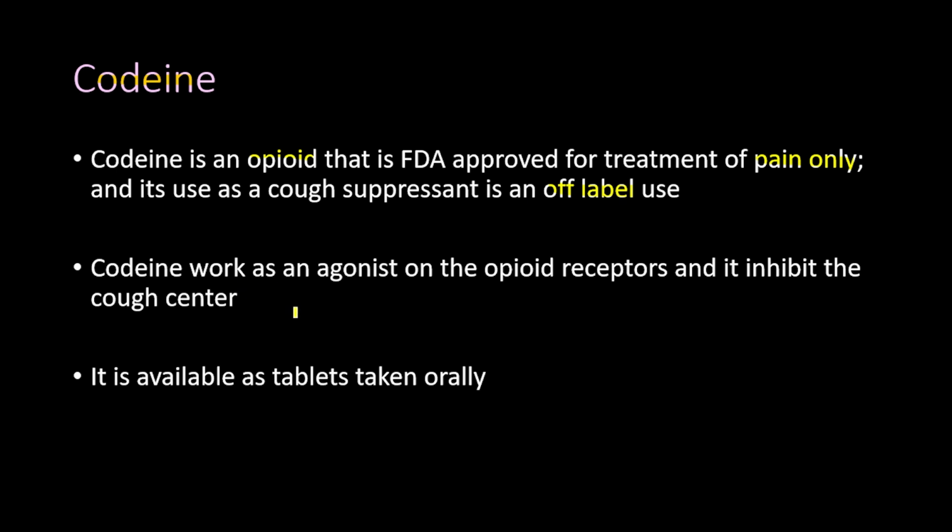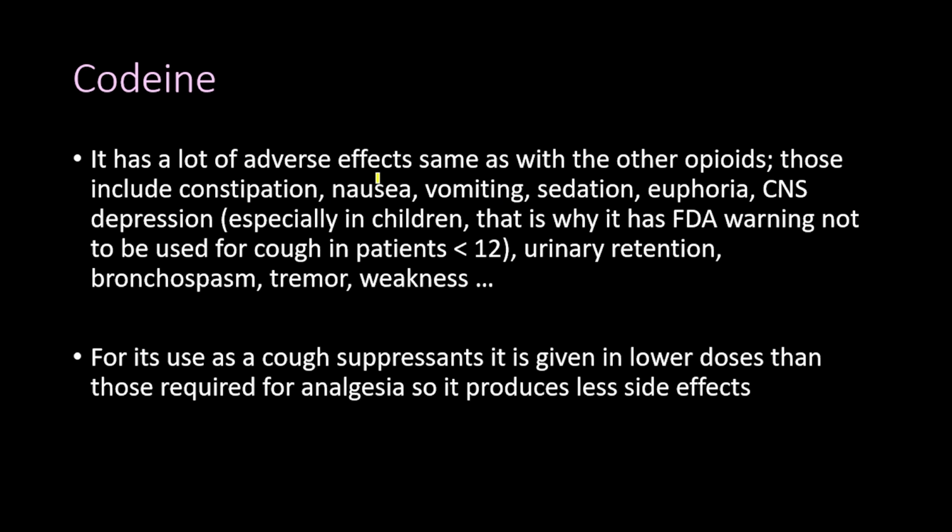And the codeine works as an agonist on the opioid receptors, the mu, delta, and kappa, and the same as with the other opioids, the codeine inhibits the cough center, leading to antitussive effect. Now the codeine is available as tablets that are taken orally, and it has a lot of adverse effects, same as with the other opioids.